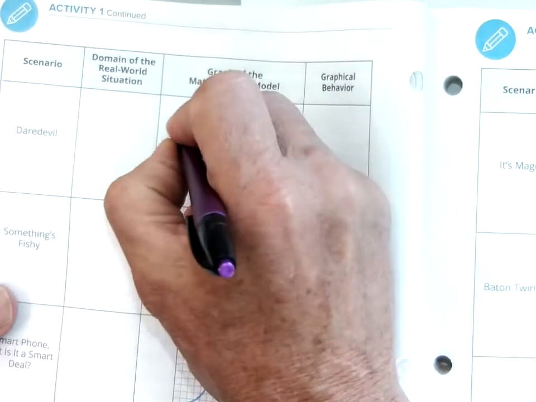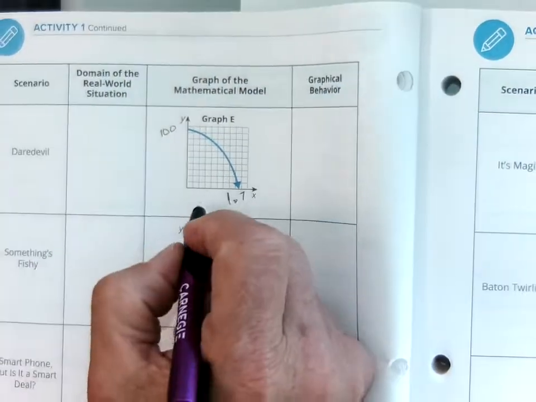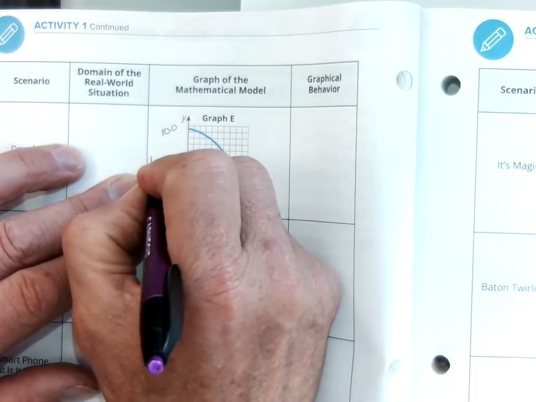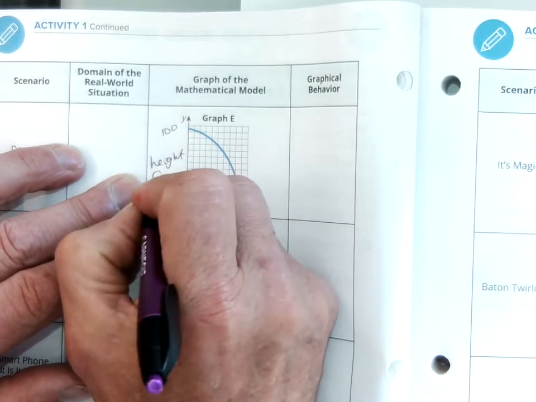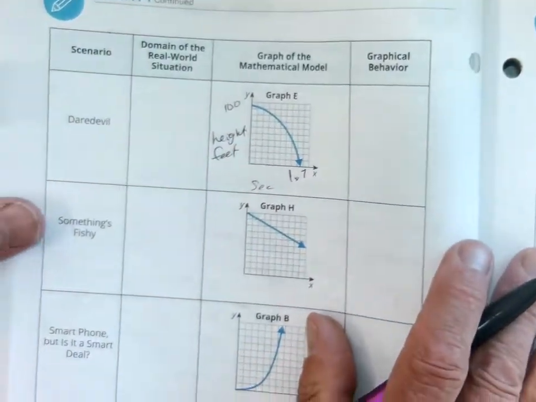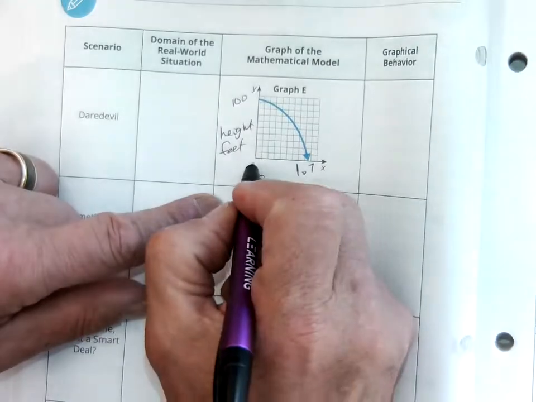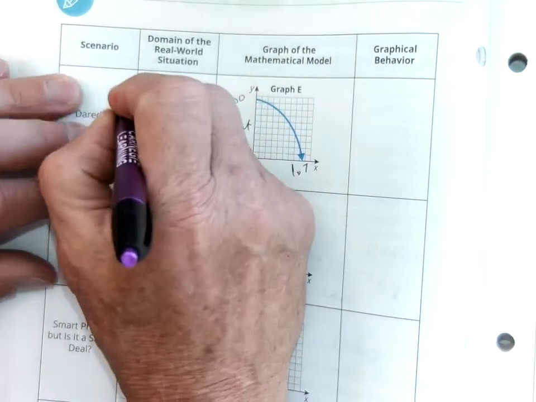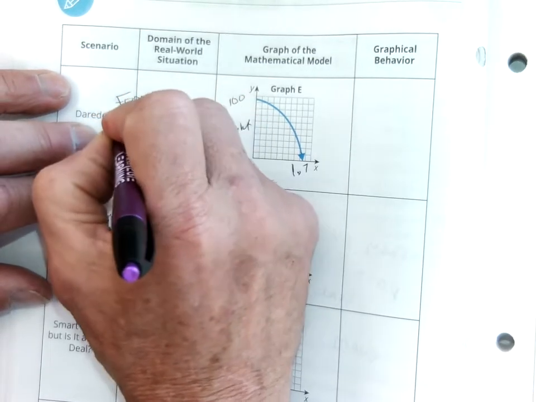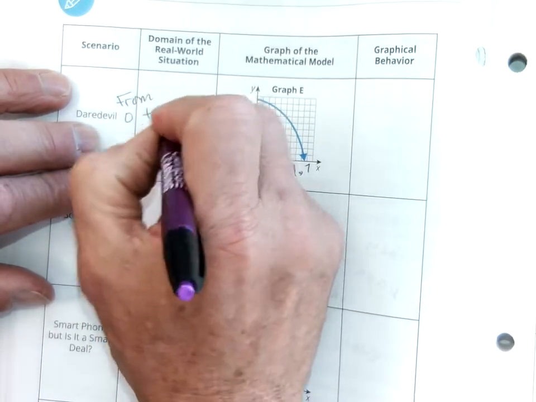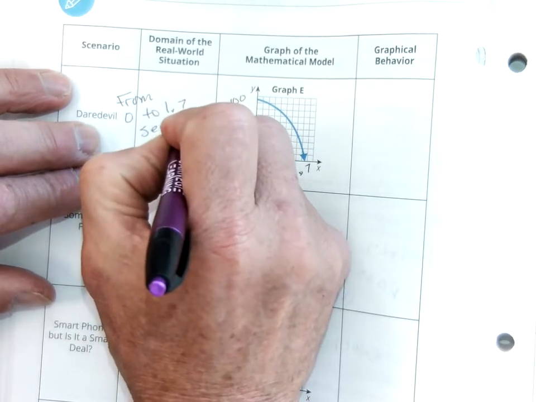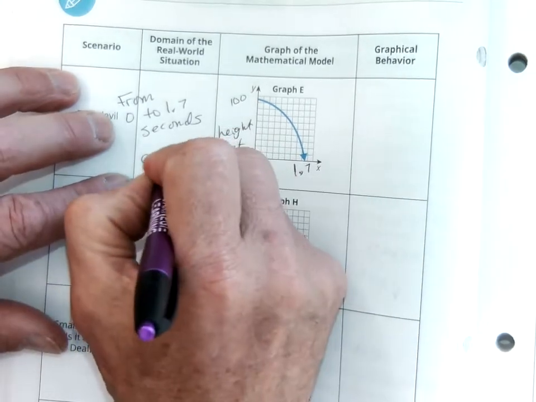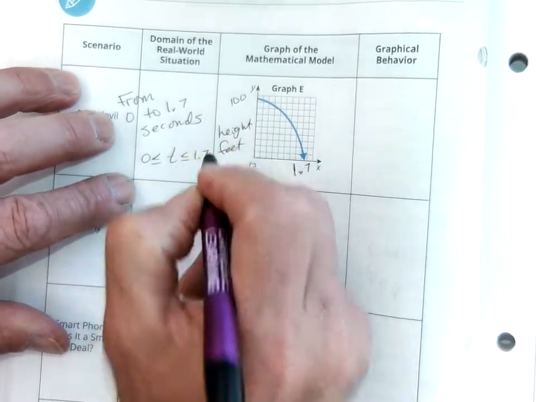Of course, it's in terms of time in seconds and height in feet. So, real domain, the real world situation. The domain is my x values. I can say in words from 0 to 1.7 seconds, or I like set notation: 0 is less than or equal to t, for time, less than or equal to 1.7.